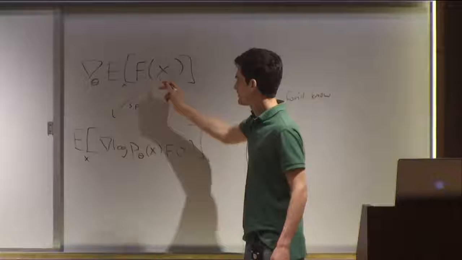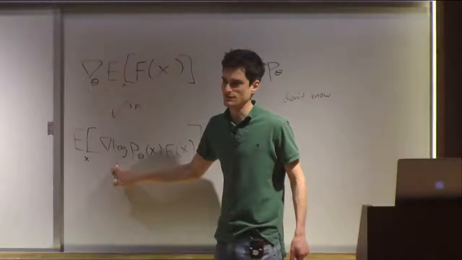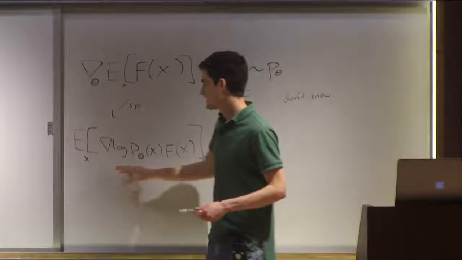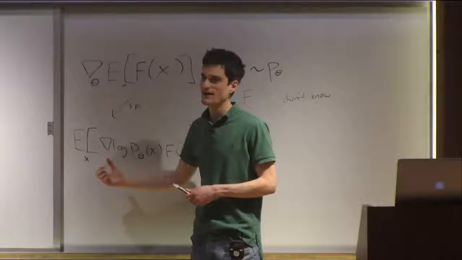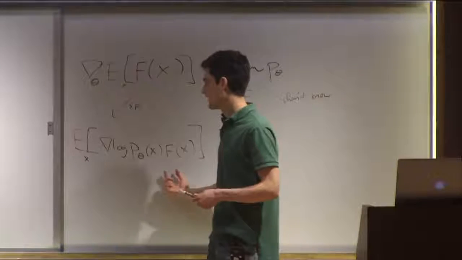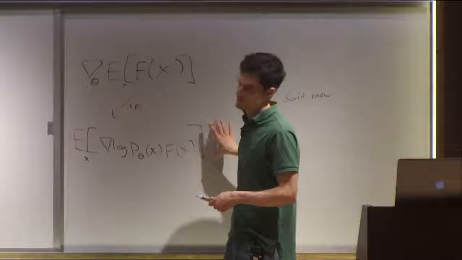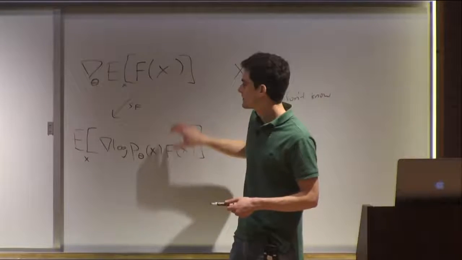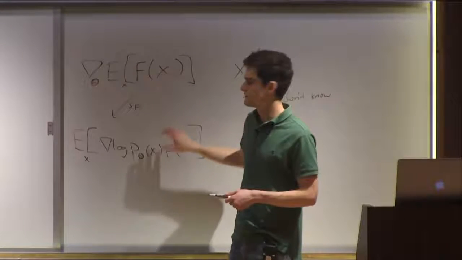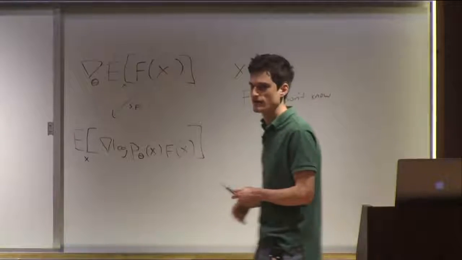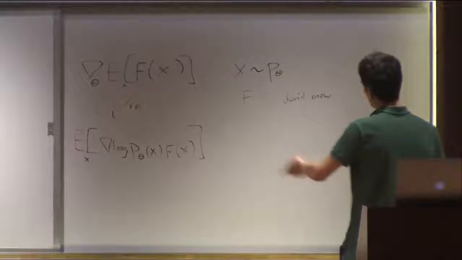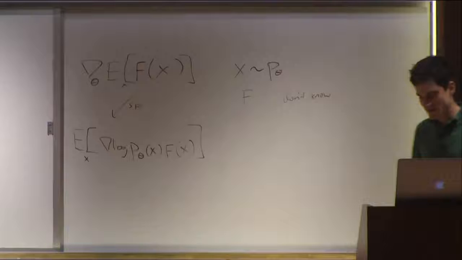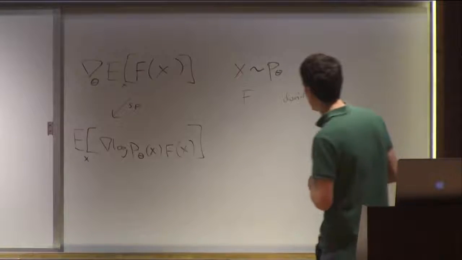Since we wrote the gradient of an expectation as an expectation of a gradient, now we can just collect a bunch of samples of x and obtain an unbiased estimator of this expectation. So this is a way of computing the gradient by Monte Carlo. We just get a bunch of samples of this inner quantity. So that's one way of doing it, but there's also another way of doing it.